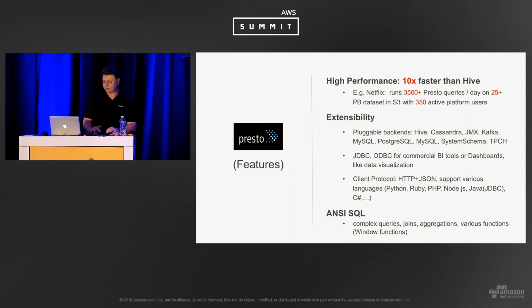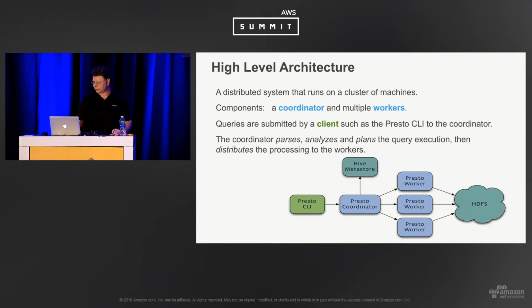And there's a variety of languages that can interface with it. Very powerful is the ability to run complex SQL queries, things that couldn't be done with Hive and Pig and other query engines. This includes things like joins, aggregations, roll-ups, a variety of functions, windowing functions, etc.